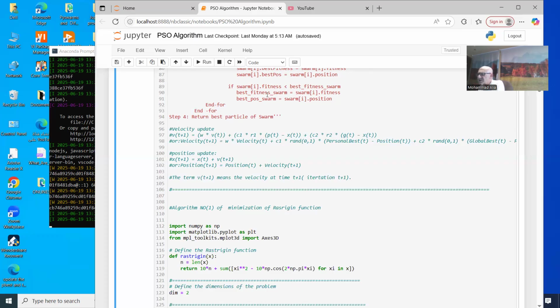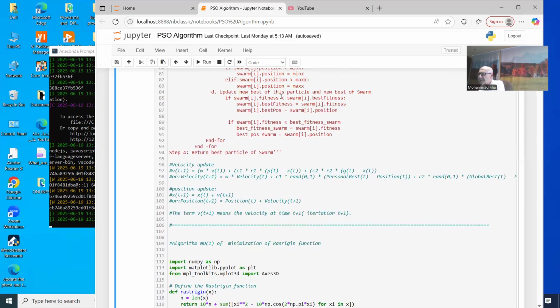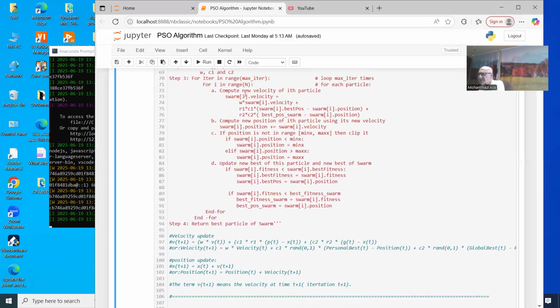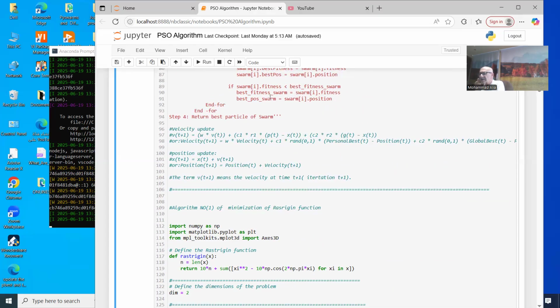So we will take this swarm of I fitness and assign it as the best fitness of the swarm. And also the swarm of I position for this particle will be assigned as the best position of the swarm. This is the logical approach which must be followed up when writing and designing the particle swarm optimization algorithm.